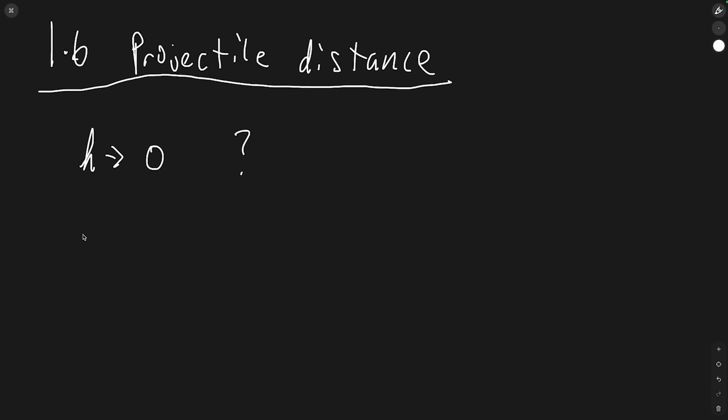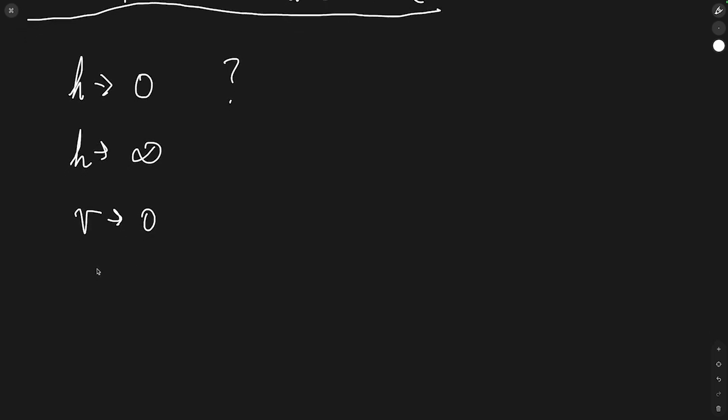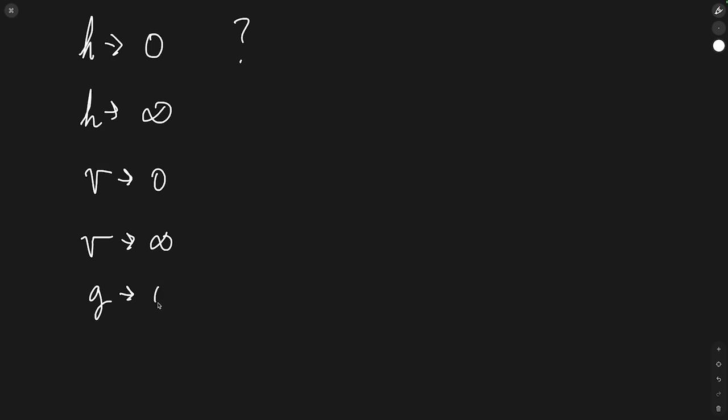What happens when h goes to infinity? What happens when v goes to 0? Conceptually, of course. What happens when v goes to infinity? You could even think about what happens when g goes to 0. What happens if there's no gravity? And what happens when g goes to infinity?